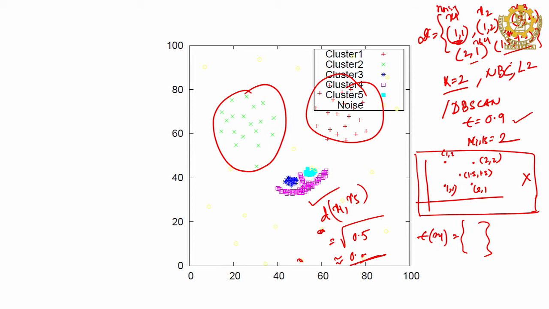Then you go to x2. What will be the epsilon neighborhood of x2? Again you have to compute the distance from x2, which is (1,2), to all the other points.